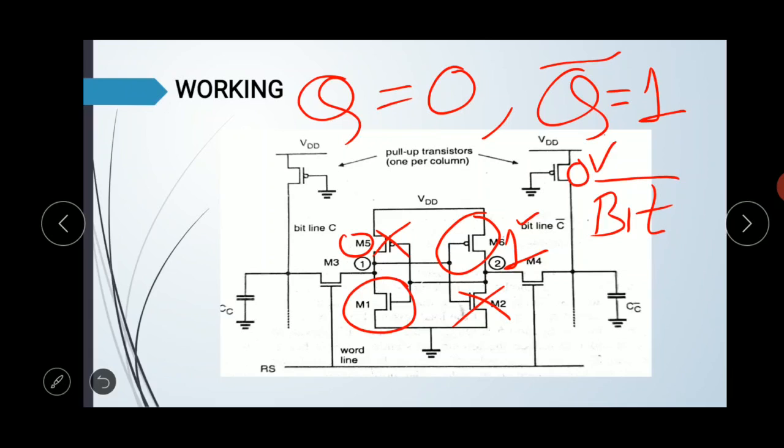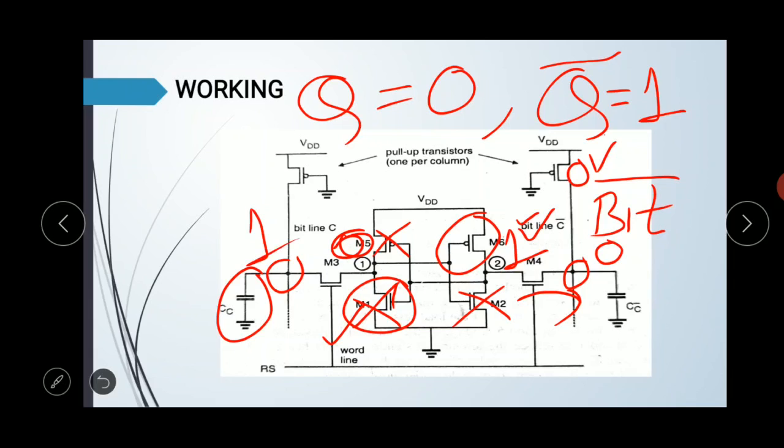So when this point is at 1 and this node voltage is at 0, then current starts to flow. Gradually this high voltage level starts to decrease. When it decreases below the threshold voltage of M1, then M1 is turned off, and within that time here the value is 0 and the charge of the capacitor is high, that means this node voltage is at 1 level.